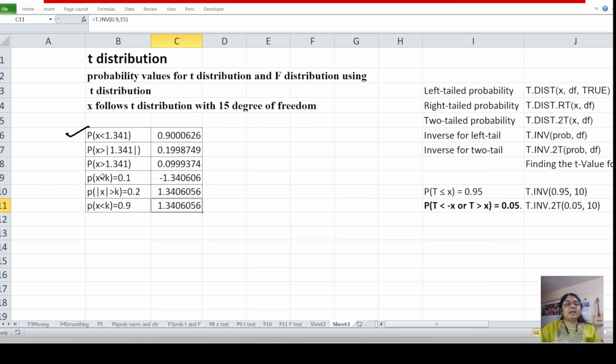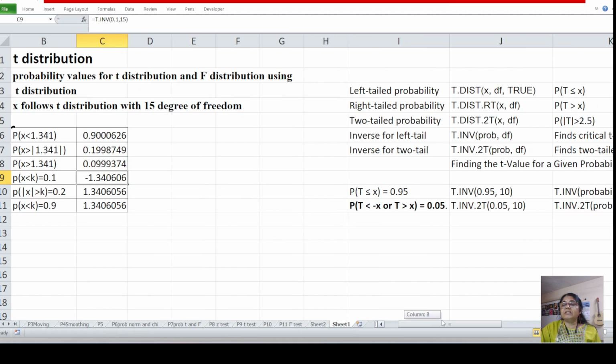So here you can see these two values are the same, but here the probability is 0.1 and here the probability is 0.9, right? Because the area under that curve will cover the full left side, therefore the value will come positive because this point will lie on the right side of the curve and the other point will lie on the left side of the curve.